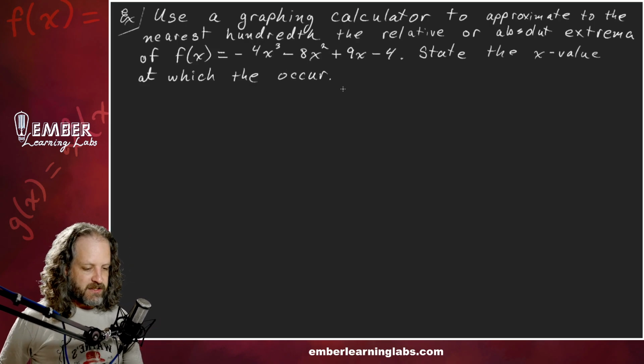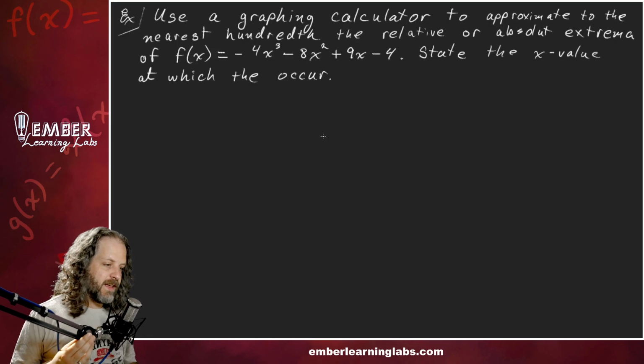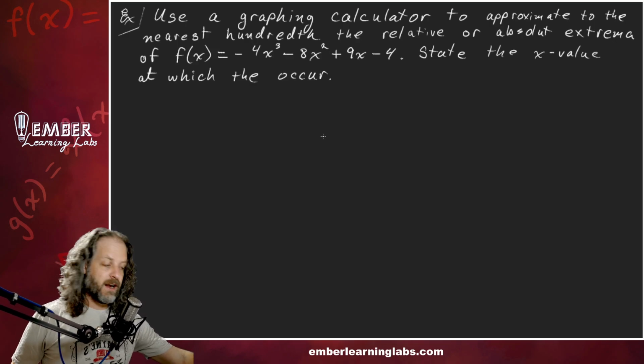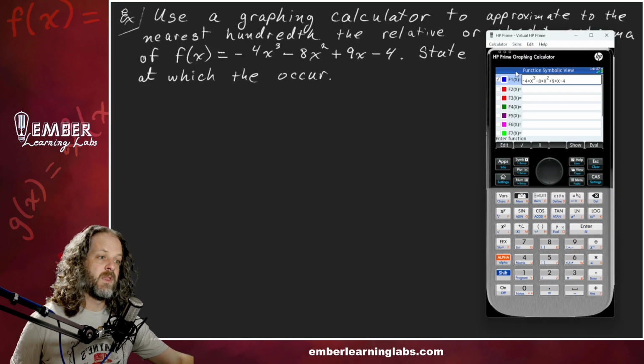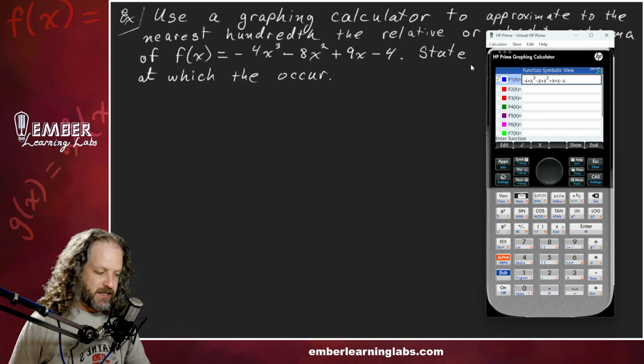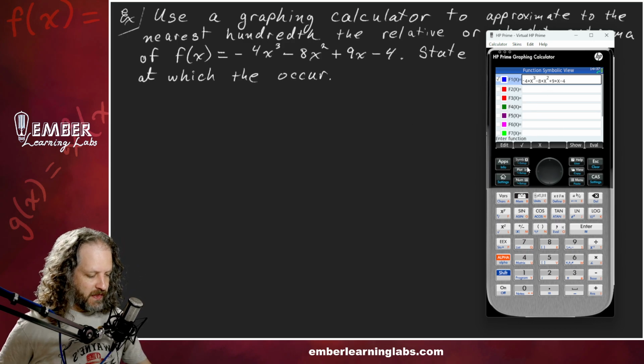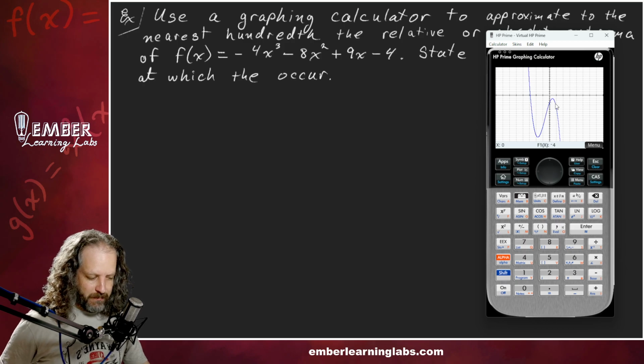But on this one, it says use a graphing calculator to do it. So what I'm going to show you is another tool that your calculator almost certainly has in its tool belt. So let me pull up my calculator. All right, I've pulled up my calculator and I also graphed the thing. So I plugged it into my equation editor. That'll be a different place for you. And then I graphed it, and mine probably looks a little bit different than yours. I kind of did a weird thing with the windows.